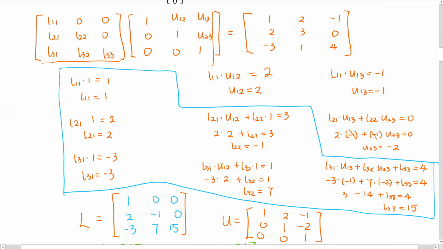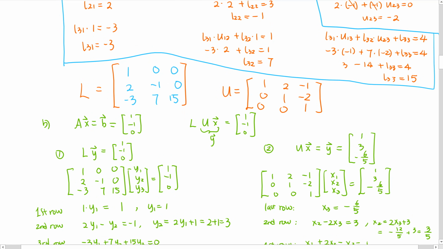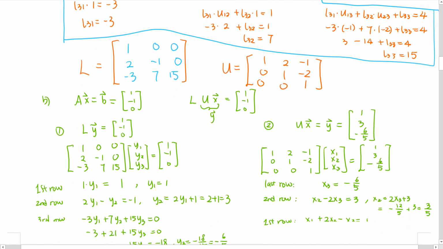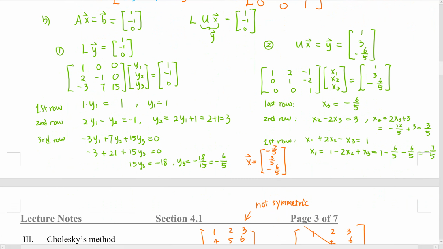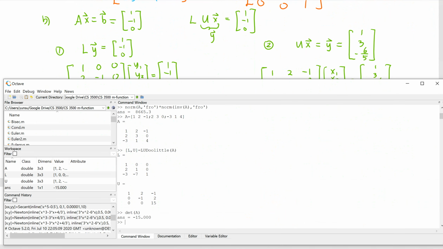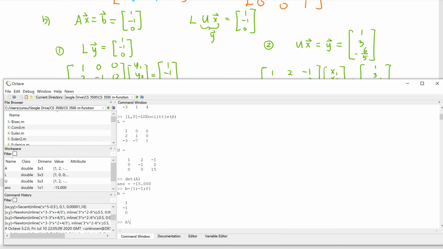And here we can check our solution. So we can do B equals the right hand side vector 1, -1, 0. So be careful, it's a column vector, so use semicolons. And we do A slash B. So -1.4.